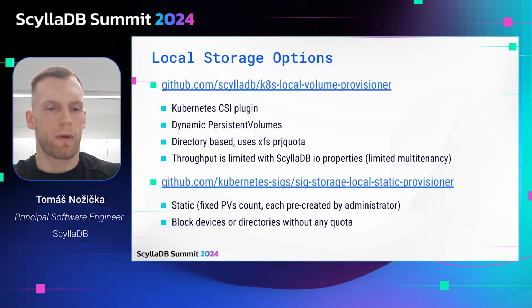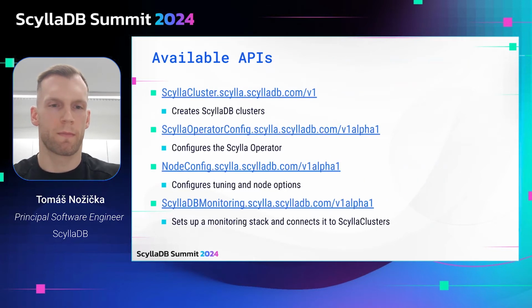So each persistent volume has to be pre-created by the administrator, and there's a fixed count of them. It supports block devices and directories, but it doesn't support quota for those directories. So essentially the only usable use case for that are the block devices where you provision the full disks for ScyllaDB nodes.